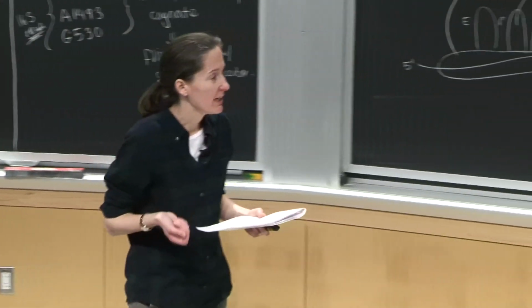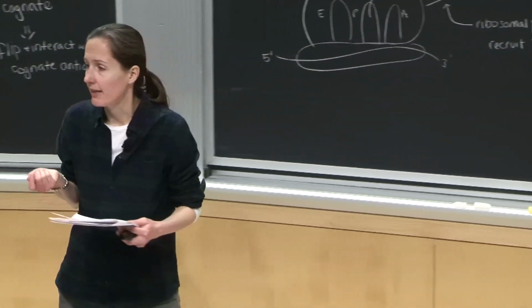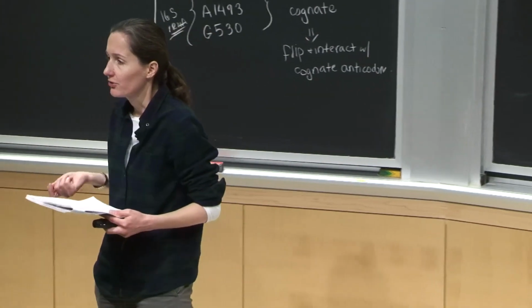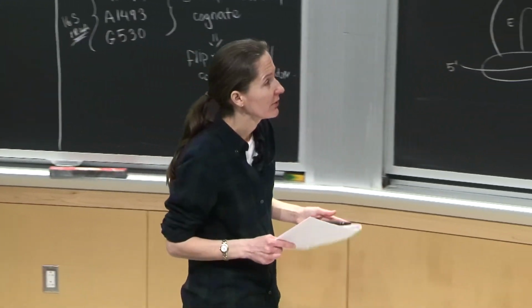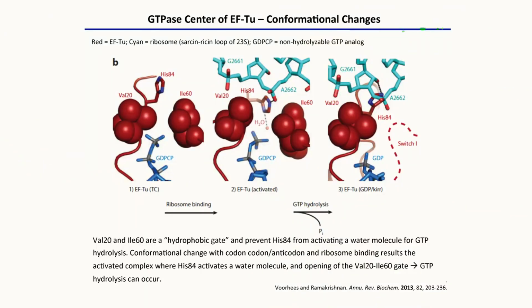But if there's a change in conformation and this gate opens, that chemistry can occur. So what are we looking at here in these structures? Here we have the 2 hydrophobic residues of the gate, valine 20 and isoleucine 60, and here's that histidine 84 I told you about.